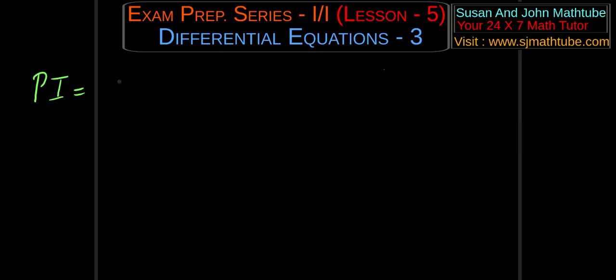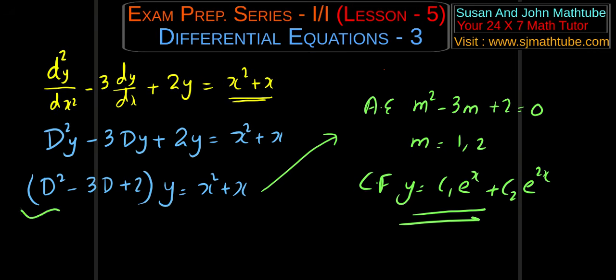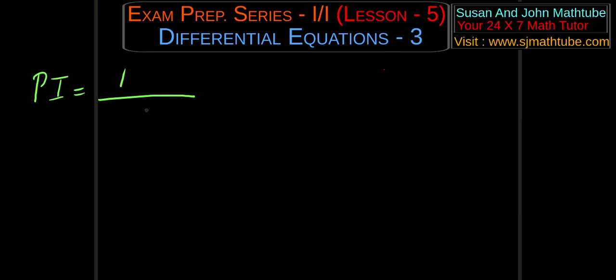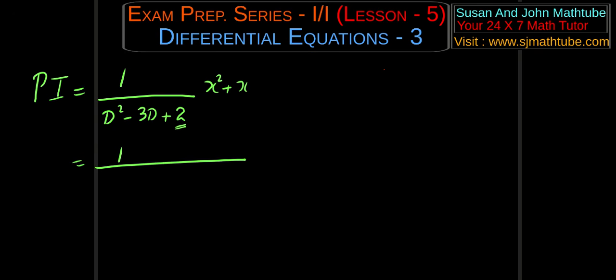So the PI is 1 by the operator. What is the operator? D square minus 3D plus 2. So this time we have D square and D and a constant, and the right side is x square plus x. Now who is the most inferior person? Yeah, 2. So what we do is we take 2 outside.